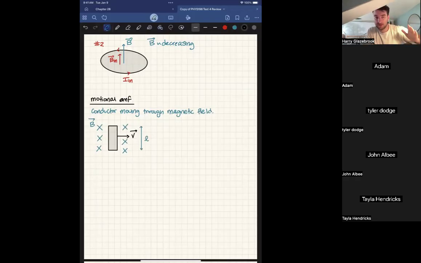As this conductor moves through the magnetic field, it's going to have an induced EMF across it, which means it's almost going to become like a little battery here. That induced EMF is going to be equal to the speed it moves with times its length times the magnetic field.